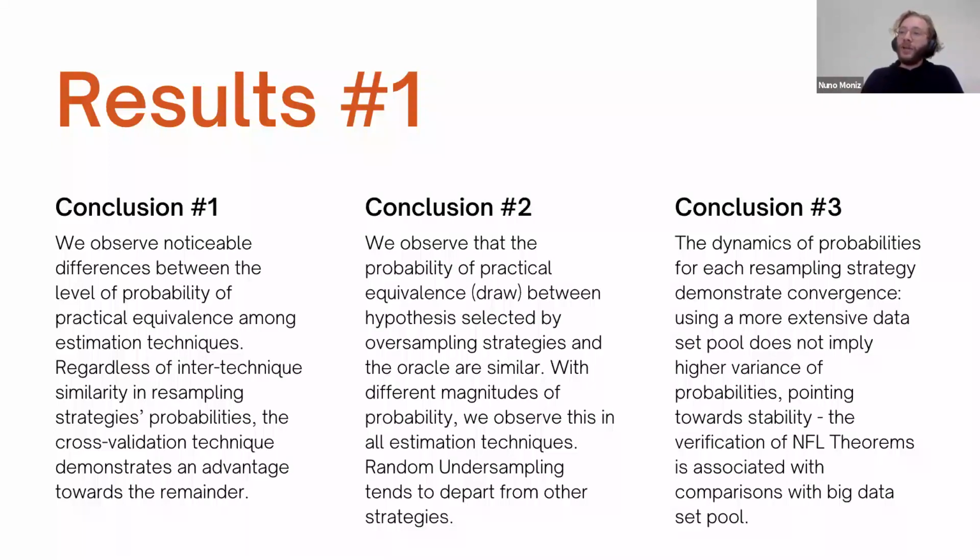Then the second conclusion would be that we observe that the probability of practical equivalence of drawing between hypotheses and oversampling strategies is very similar, and between all of the estimation techniques. And we also see that random undersampling tends to be very different from these other strategies. An important thing here is the dynamics of this.